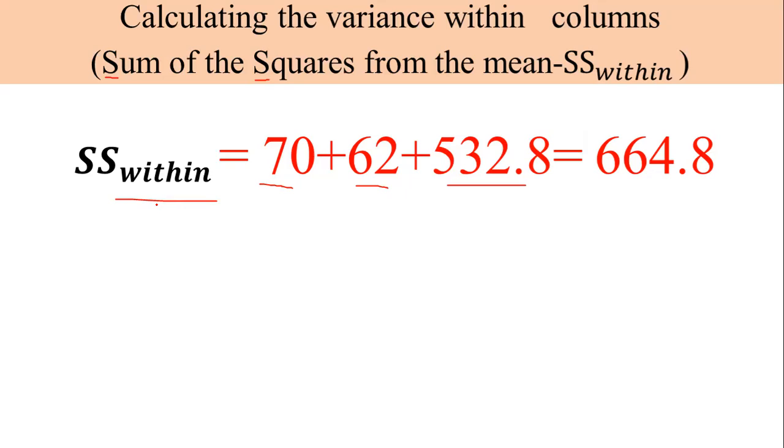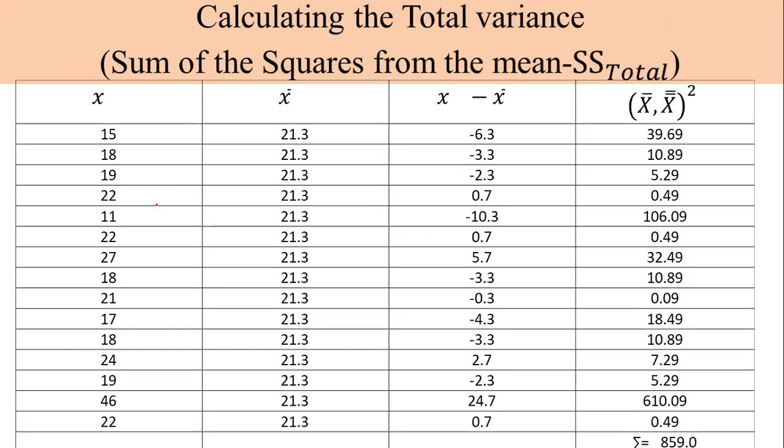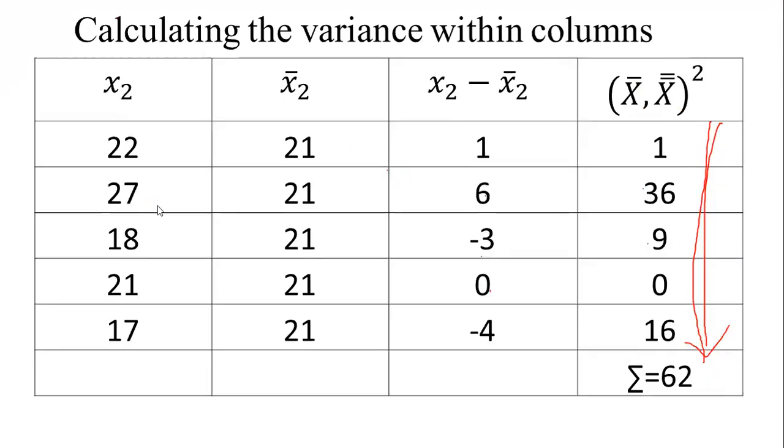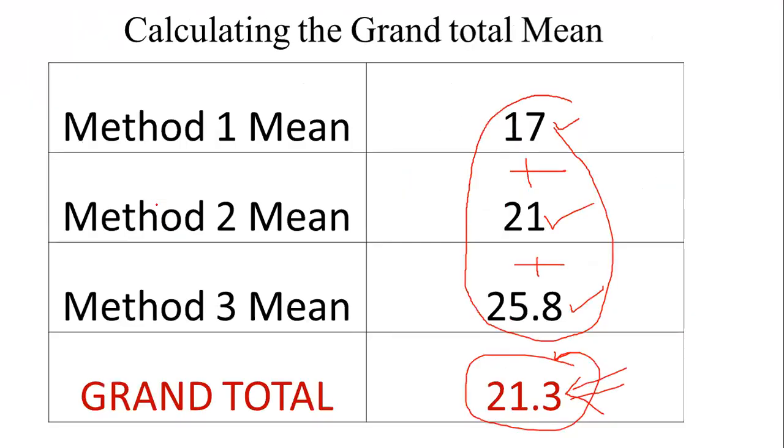And this is what you're going to do. We are going to take the entire data, the population, and we are starting from the first method, second, and then the third method. Then the mean for this, we got it was 21. The grand total mean for the population was 21.3.